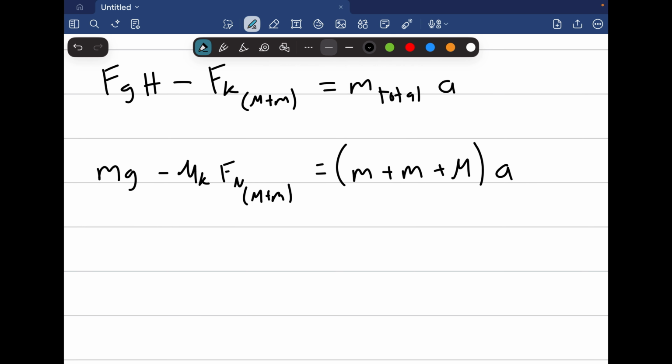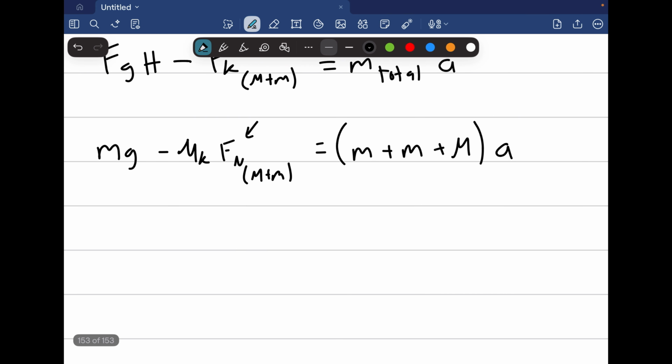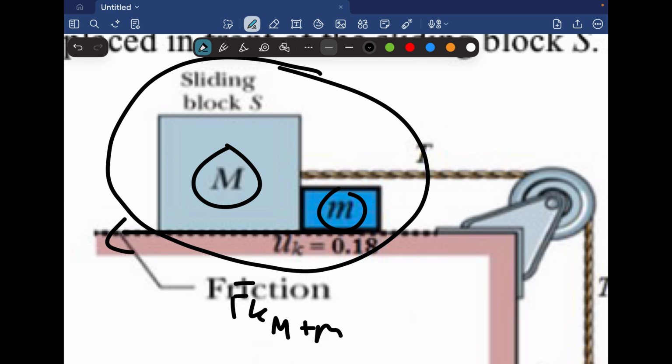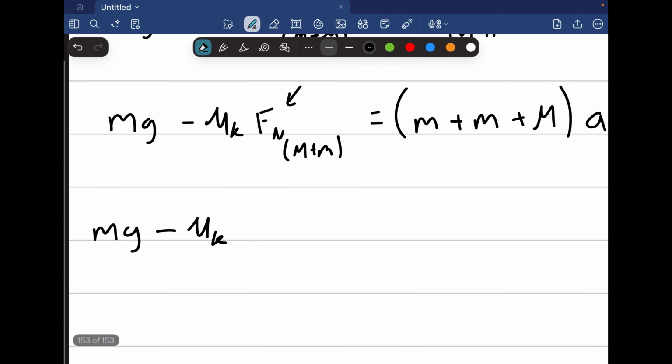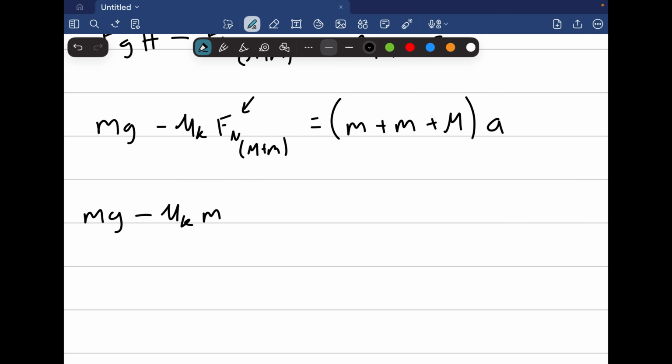So now I'll expand Fn, okay? So mg minus mu k. Fn is on the floor, so it has to be equal in magnitude to Fg. And then so it's just m.